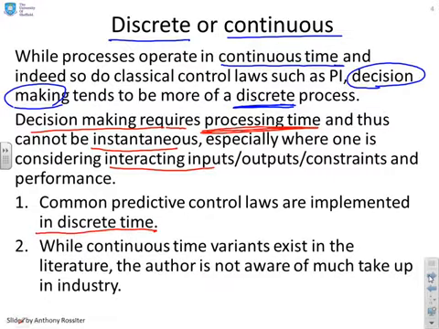Now, you will find, if you look around, there are some continuous time variants in the literature, but to some extent I won't quite call it trickery, but you'll find they also have discrete decision making, even though the way they're expressed is in continuous time. So in practice, they all, in fact, do the decision making in discrete time.